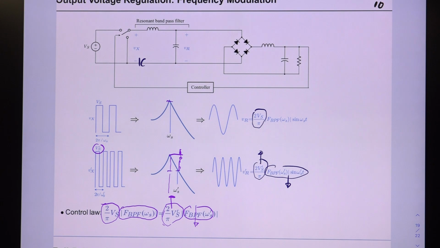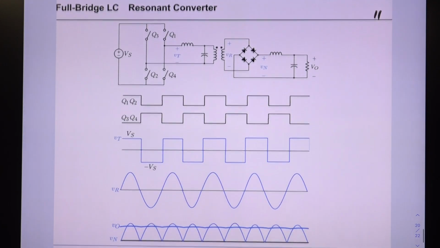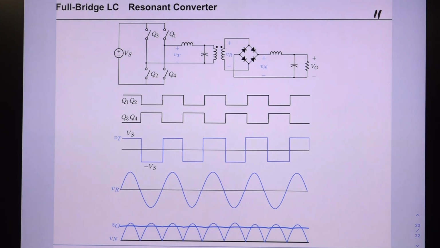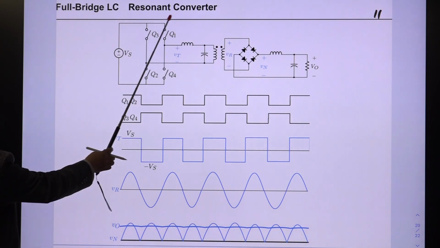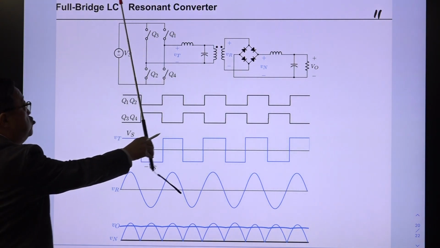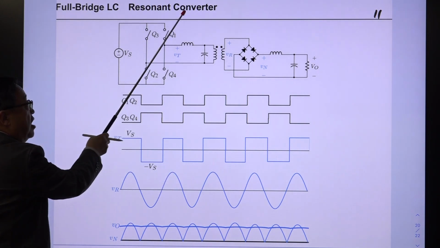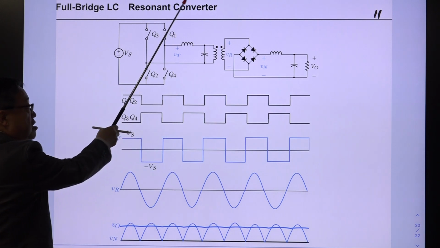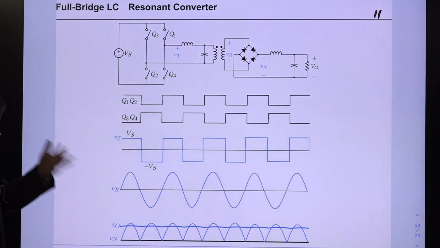Okay. All right. Let me show one example. This is called the full bridge LC resonant converter. So it has this structure. This is the full bridge structure. So you have two pairs of switches, and each pair is switched in complementary fashion.